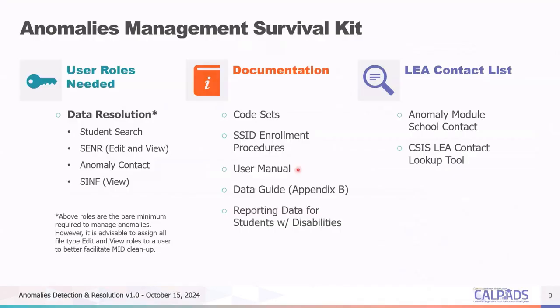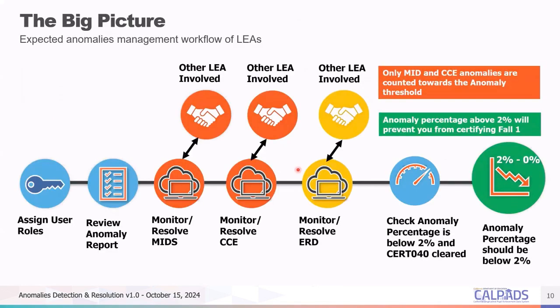So that's just the essential tools you need to have to at least be functional, effective, and efficient in anomalies management. So now here's the bigger picture of the work involved, and this is also the framework of our training today. First, you need to assign the roles to the person who will be managing your anomalies.